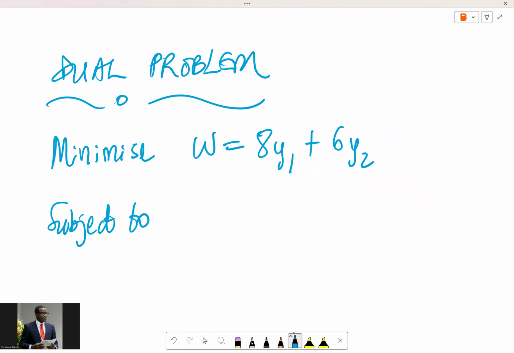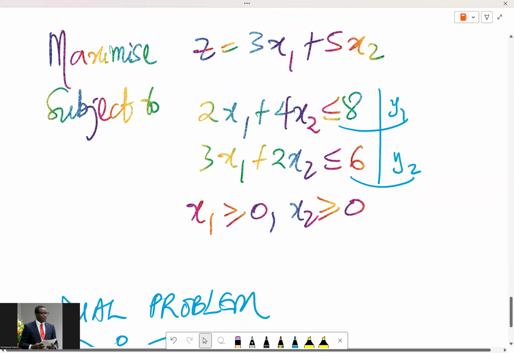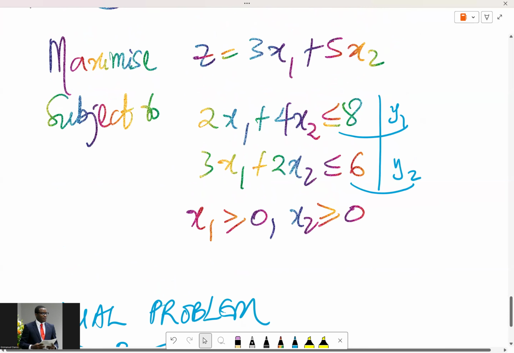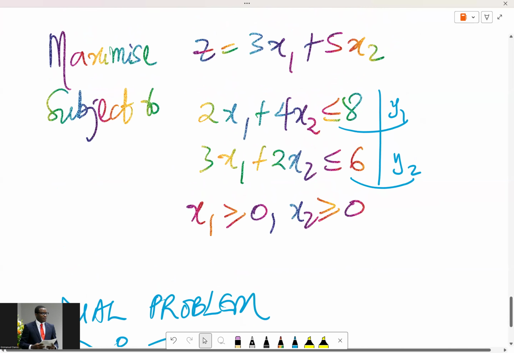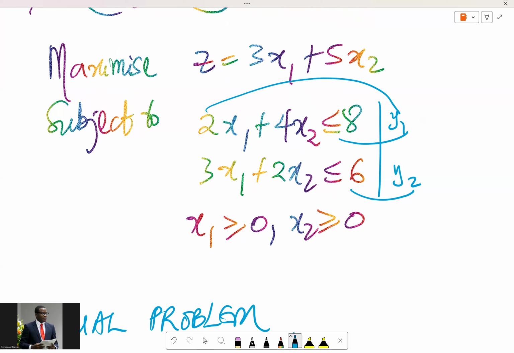So now this will be subject to, carefully, see what's going to happen here. Like I said, decision variables correspond with constraints, right? So we have two decision variables, so it's also going to lead to two constraints. So you're going to have 2y1 plus 3y2.